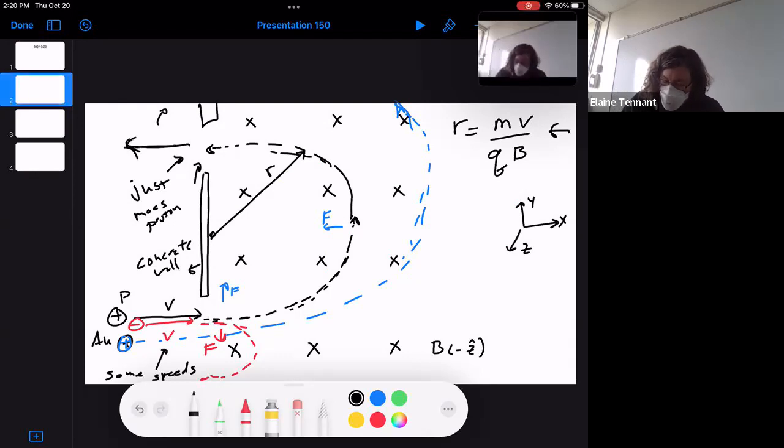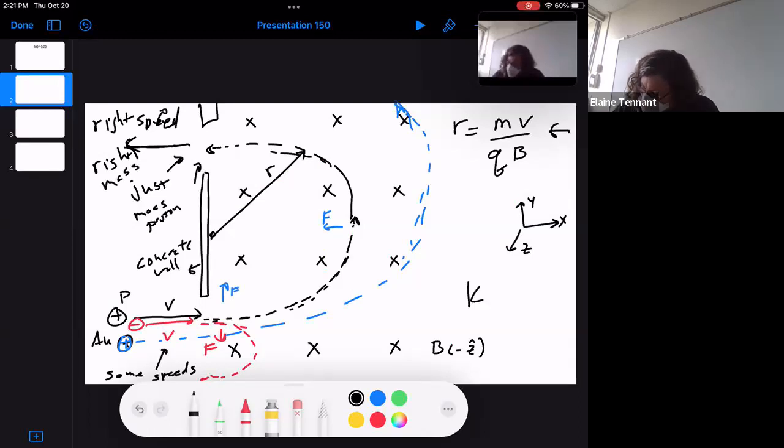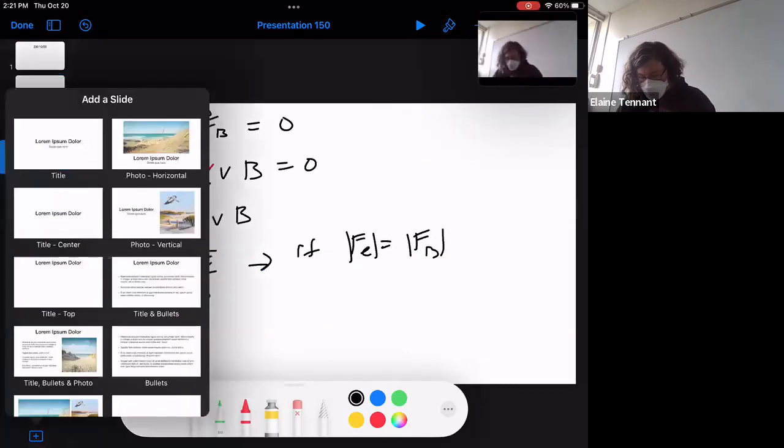And whatever you get out is something that's going at the right speed with the right mass. Which, if you think about something like kinetic energy, that's enough to give you a very uniformly energetic sort of being. Sound okay? Okay. So those are two applications of magnetic force that people use a lot.